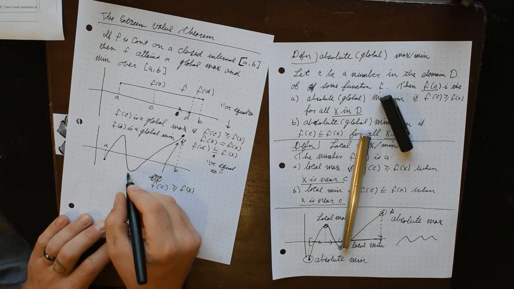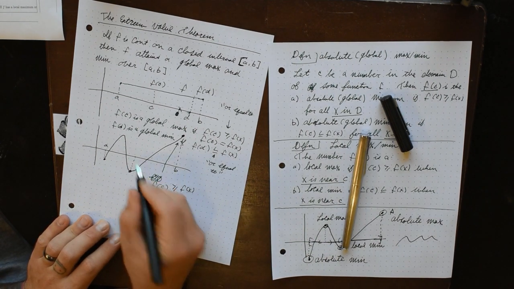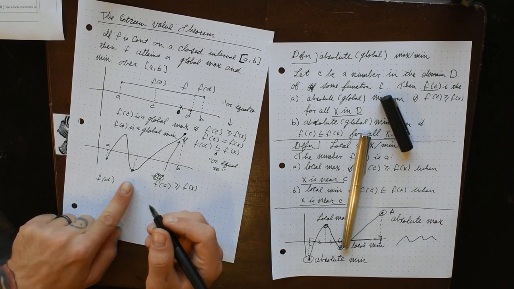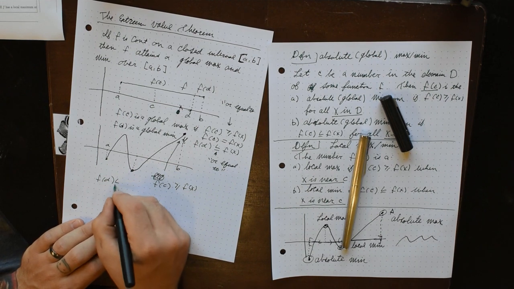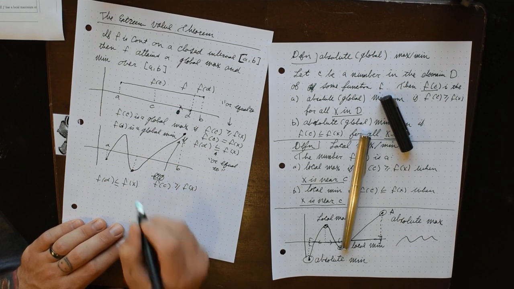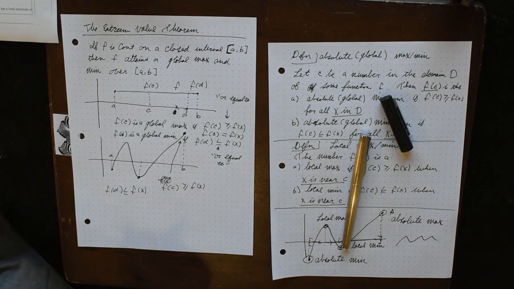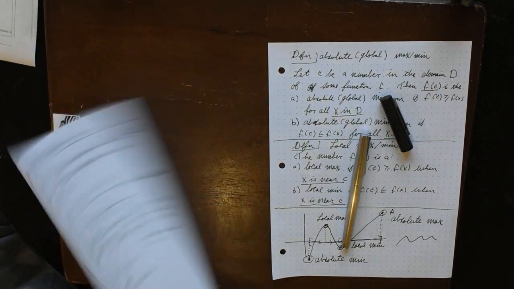And this value down here is what I've called f of d, because f of d is less than or equal to f of x for every other value of x in this problem. So, if we have a continuous function, you are guaranteed these values.